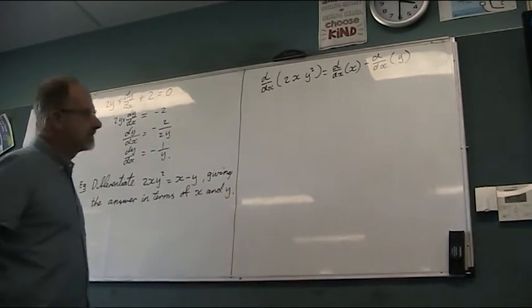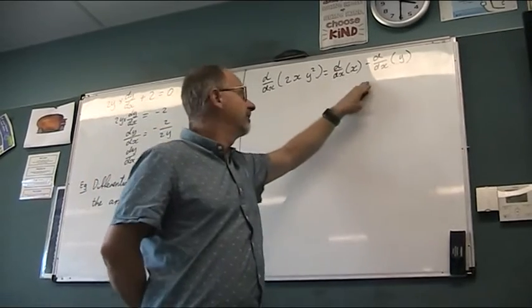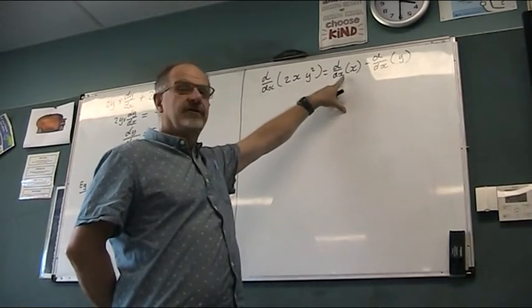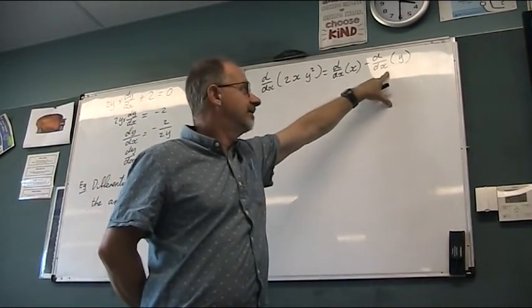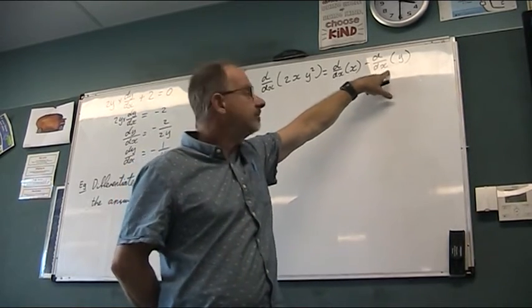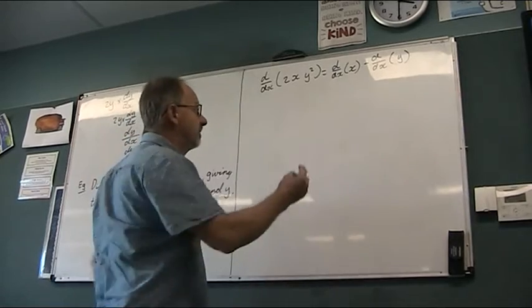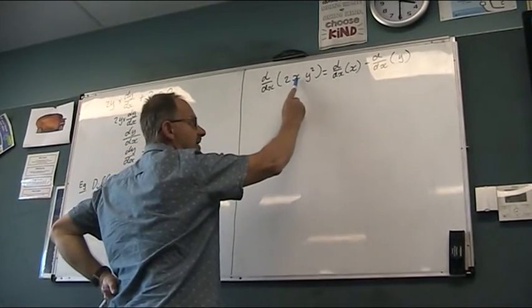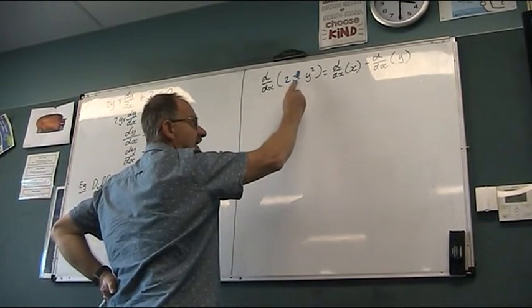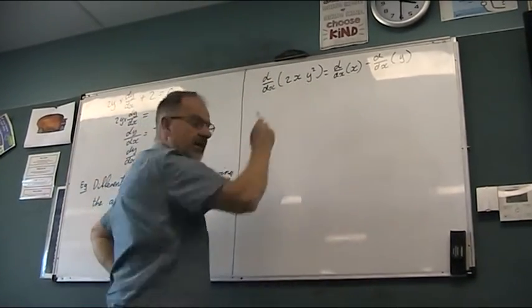Now, in this particular one, again, the right-hand side here is pretty straightforward. Differentiate that, you get 1. This is simply just dy dx. But here we've got something extra because we've got 2xy, 2 times x times y, and then we've got not just y but y squared.